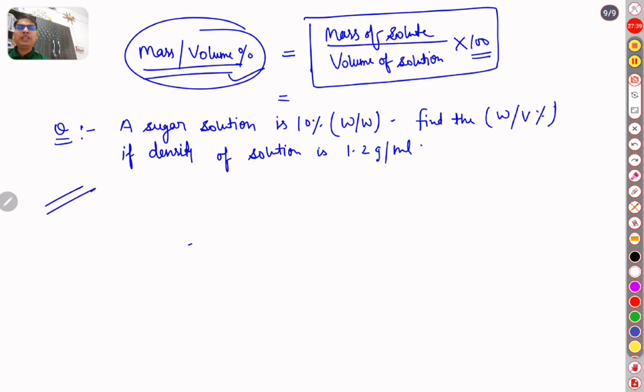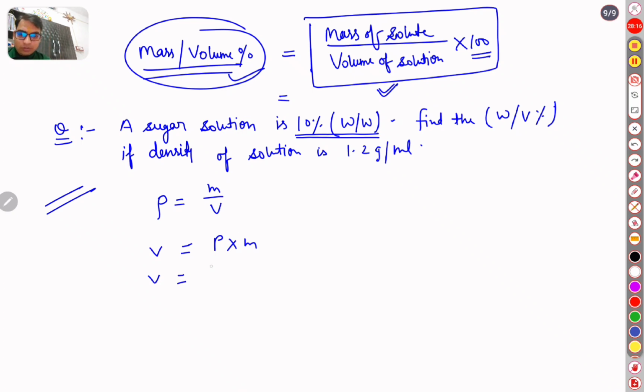It is a very easy question. We are given 10% W by W, meaning 10% mass by mass. So firstly we will find out the volume. You will use the formula of density. Density is equal to mass by volume, and volume is equal to mass by density.